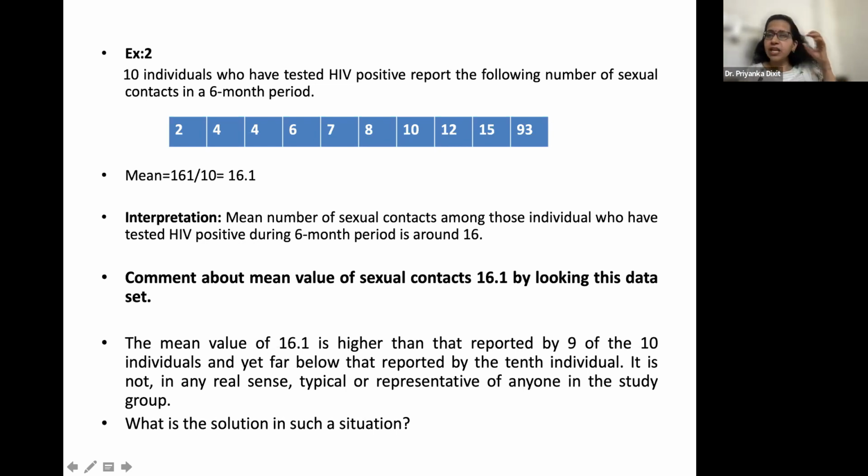So the mean is a very good indicator, but it's only applicable if you are working on a homogeneous data set. Homogeneous and heterogeneous, I hope you are able to make out. Okay. So then what should we do? How can I then present the central part of the data set? So that's why there is a need for another indicator, that is the median.